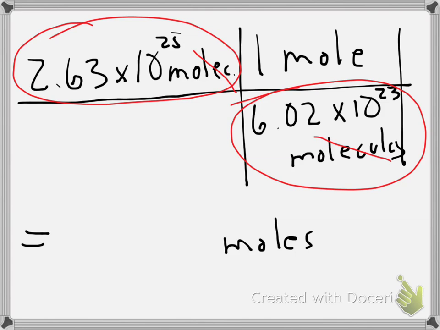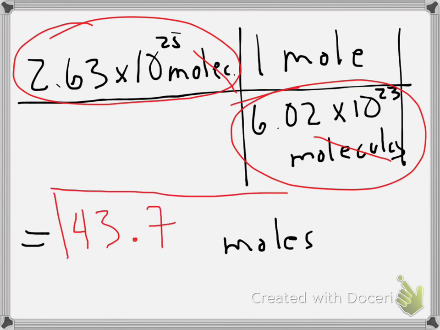Now if you do this on your calculator and you know how to use scientific notation, what you end up getting is 43.7 moles. So if you have 2.63 times 10 to the 25th molecules, you'll end up with 43.7 moles of that molecule, whatever that molecule turns out to be.